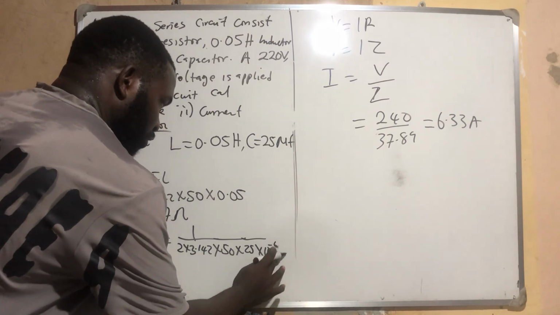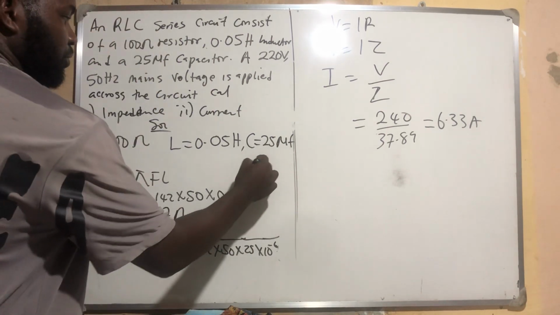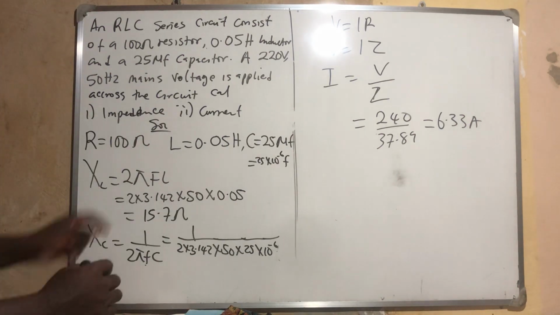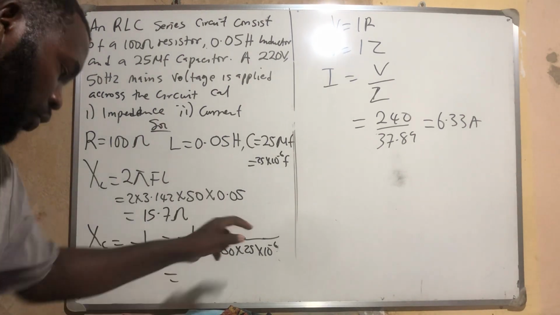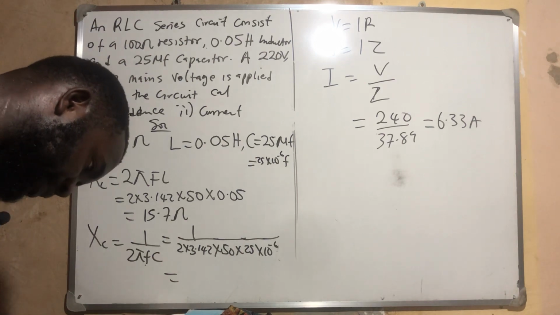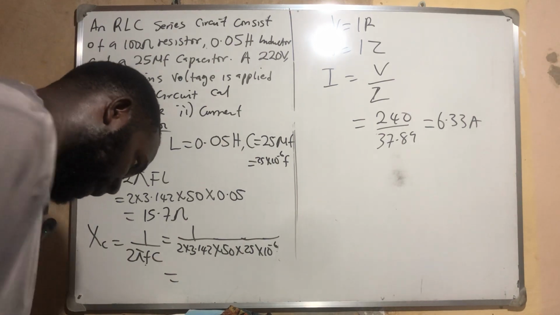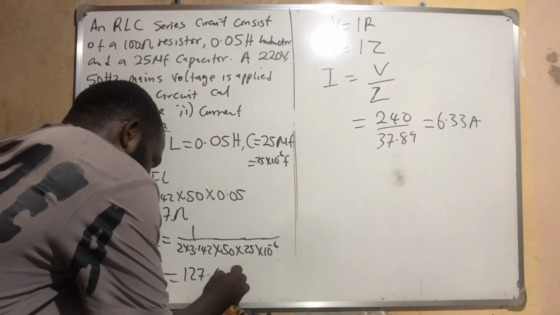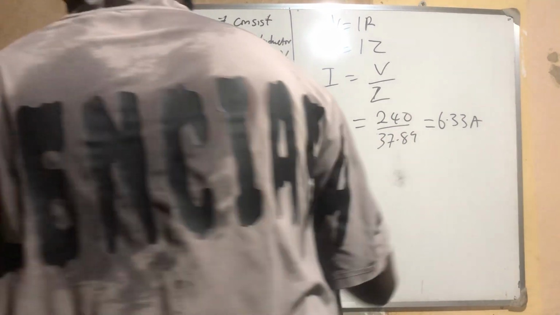So if you now punch everything in the calculator, 1 over everything here, you will have that my XC is 127.4 ohms. Okay, so that is that.